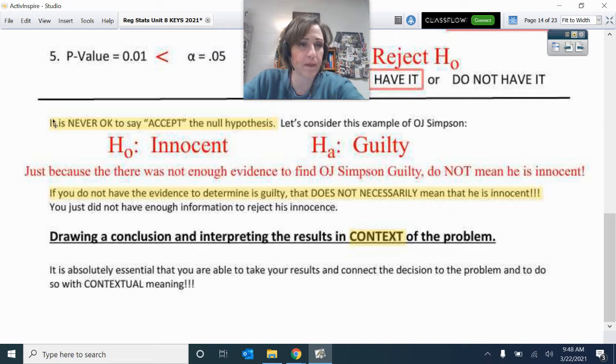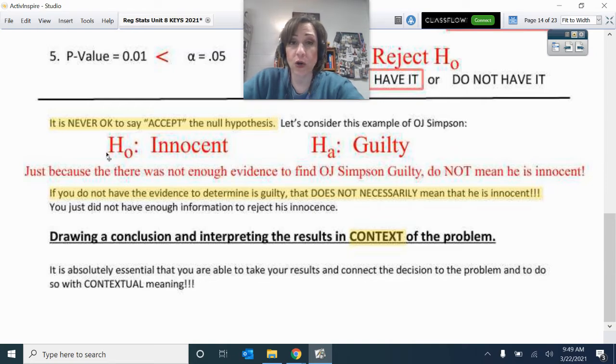So let's take a look at the bottom of your second page, because it is never okay to say that you accept the null hypothesis. And so let's think about this situation of somebody being accused of a crime. In this case, I think pop culture reference, we're familiar with the O.J. Simpson situation.